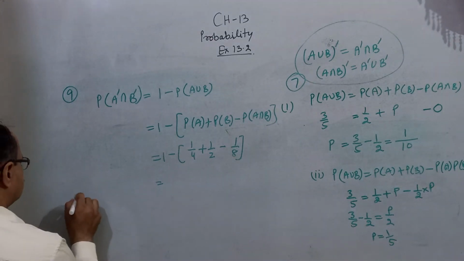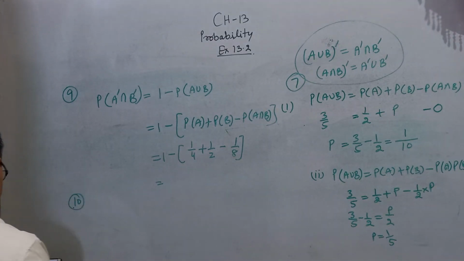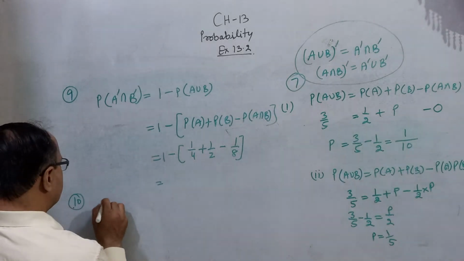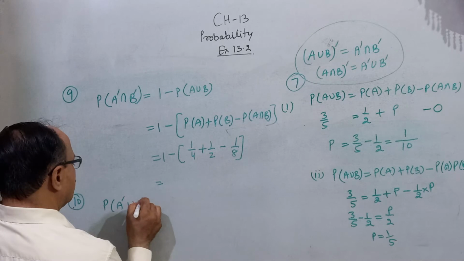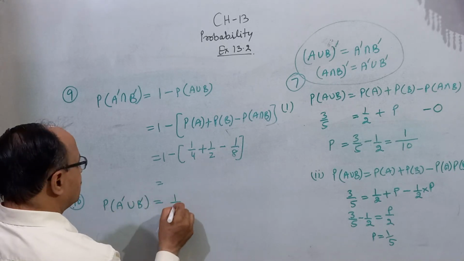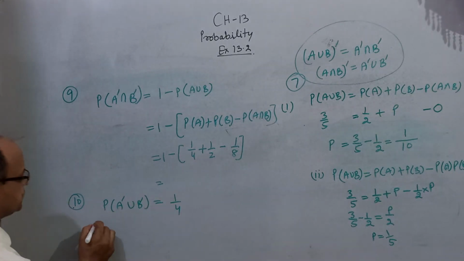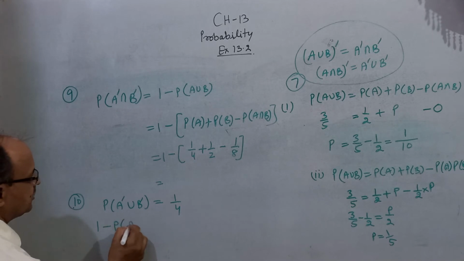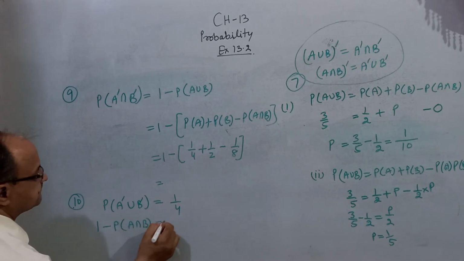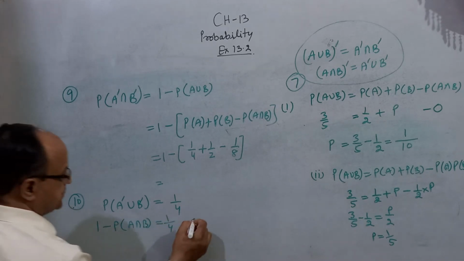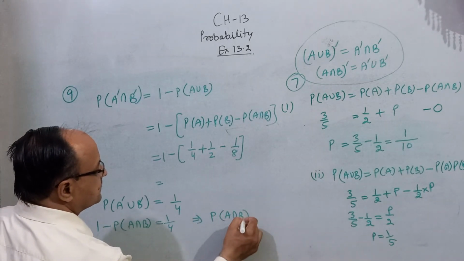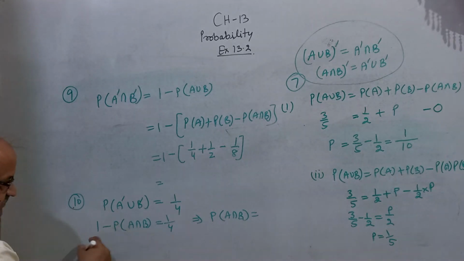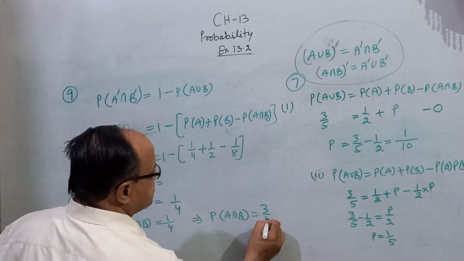Question number 10. In this question, probability of A complement union B complement is given, that is 1 by 4, and the formula for this is 1 minus probability of A intersection B. With the help of this you can calculate probability of A intersection B. Can you tell me 1 minus 1 by 4? That is 3 by 4.